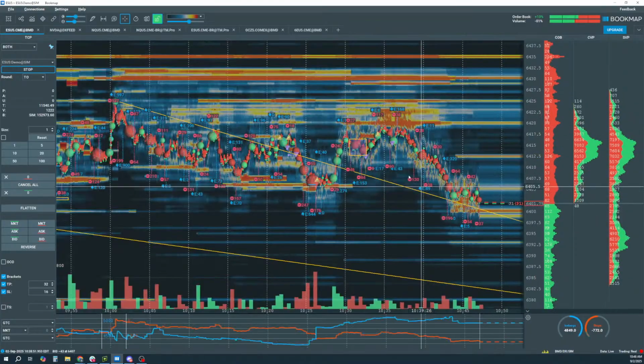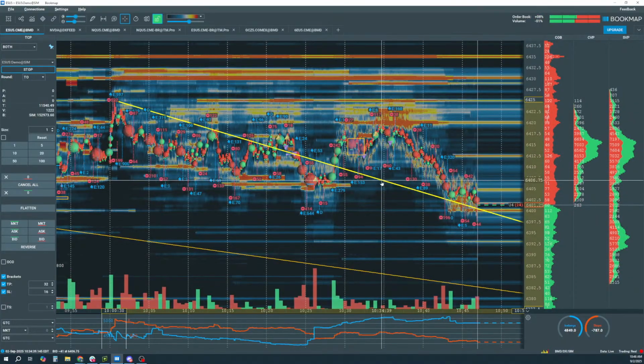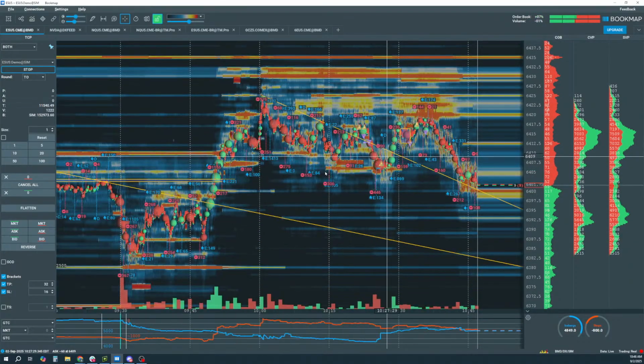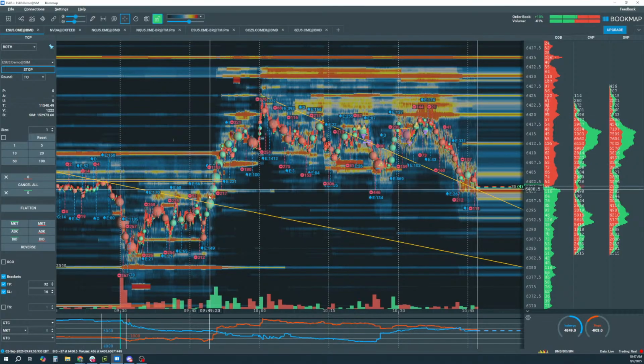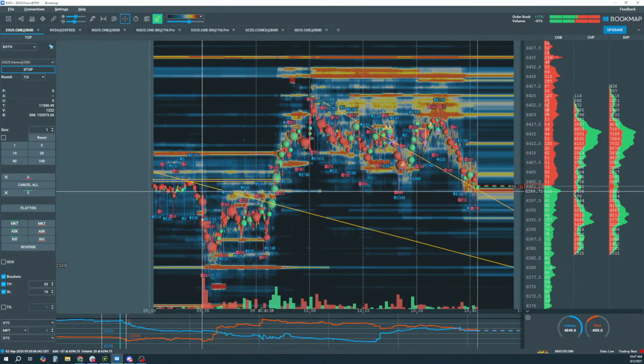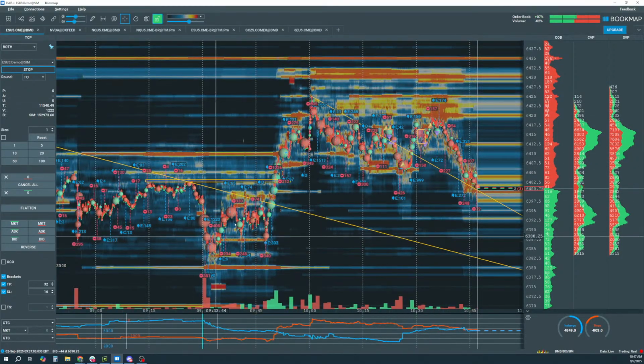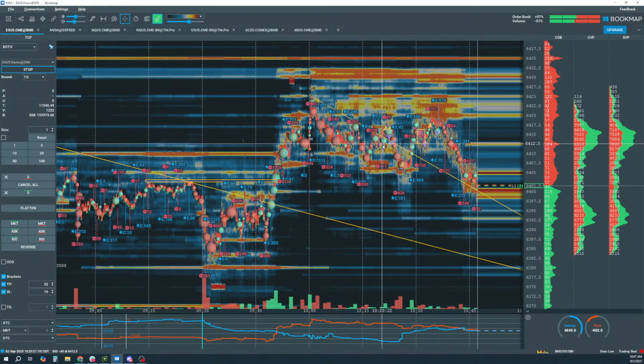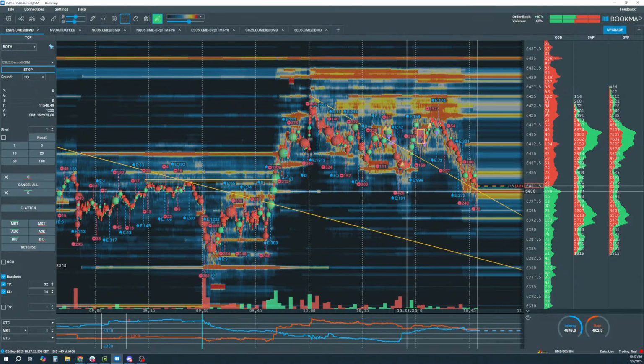But this is some weird price action. I don't know what I think of it here. This selling looks good. This buying here looks good, and then this afterwards just looks odd to me.